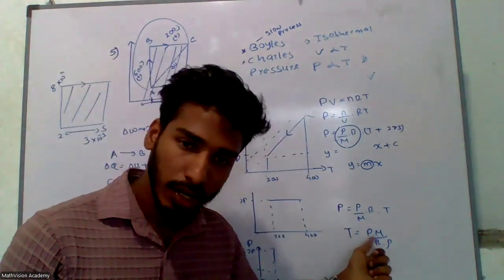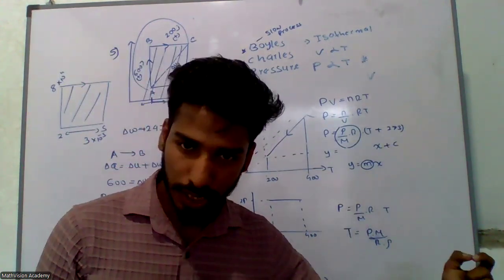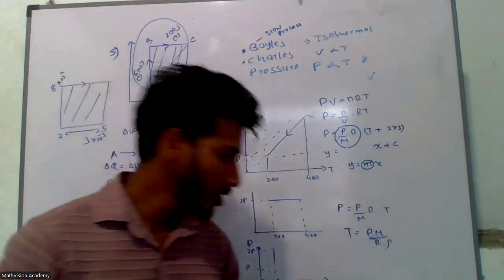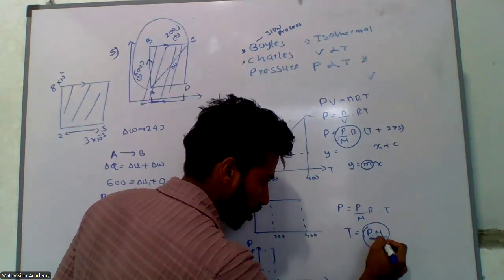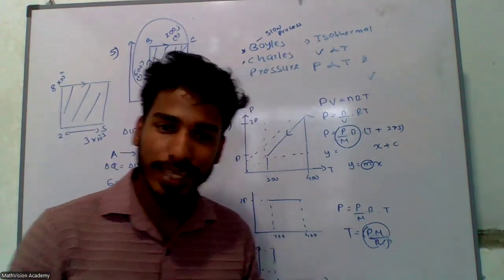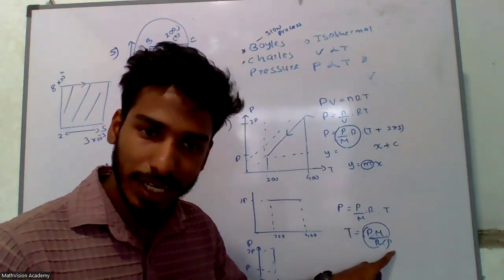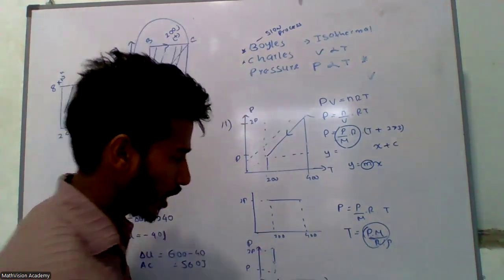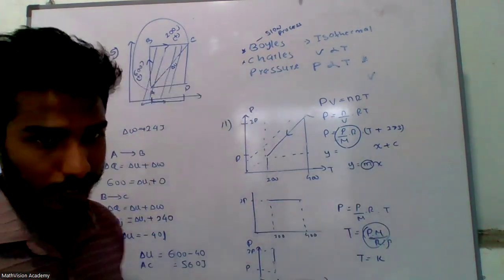Molar mass is anyways a constant. Universal gas constant, no need to say, it's a constant. So this entire thing is a constant. Now if density is a constant, temperature should also be a constant then. That means T has to be a fixed answer. You can't have a different answer.